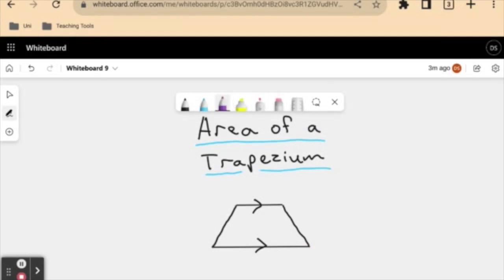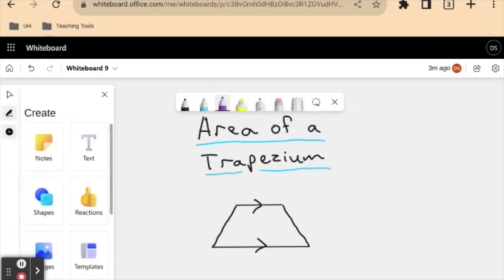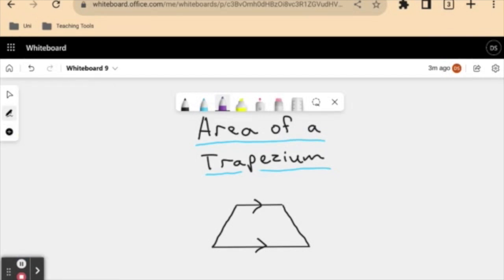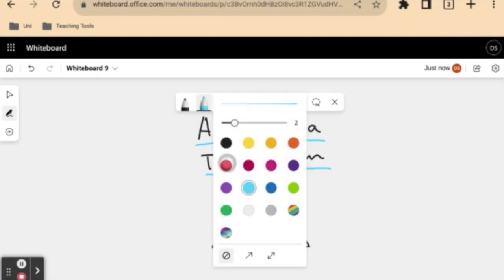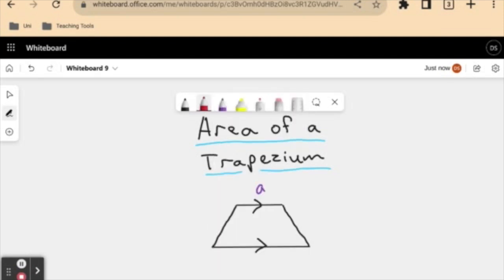Now, to do this, let's give these sides a name, for example. So I'm going to call this side A, and I'm going to call this side B. These don't need to mean anything. They're essentially just labels for a side.